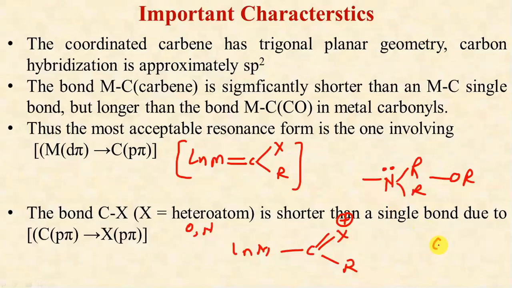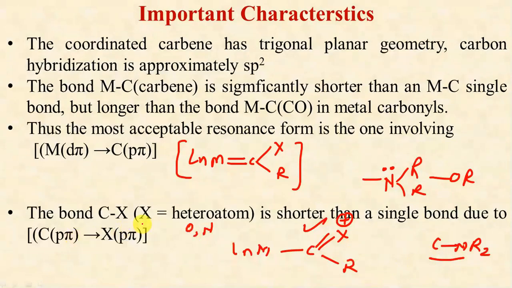Means if we have this bond C-NR2, it would be weaker, meaning longer, but in the case of carbenes, this carbon is electrophilic in nature, and this heteroatom can transfer its electrons to form carbon-heteroatom double bond character. That's why this bond is shorter and stronger than the single bond analog.